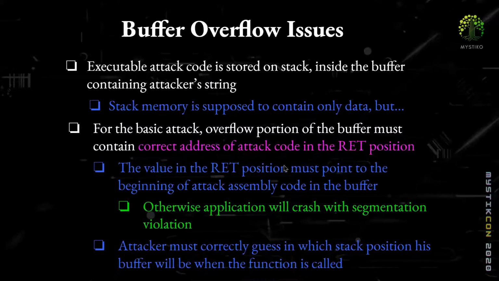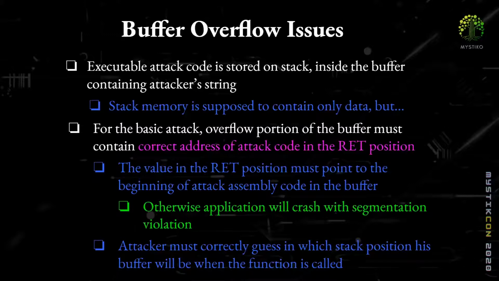So what are exactly the issues with buffer overflow? That is what we can do if we have a buffer overflow vulnerability. The first thing is that executable attack code is stored on the stack inside the buffer that contains the attacker string. But the stack memory is supposed to contain only data, non-executable.